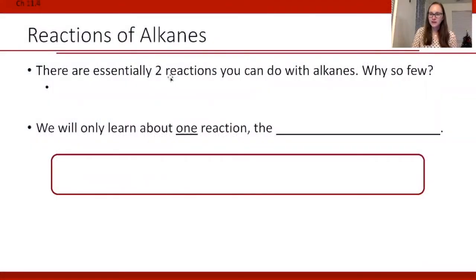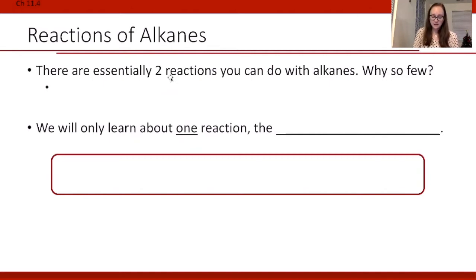Okay, so when we're talking about alkanes and their reactivity, there typically is not a lot that we end up talking about. Alkanes are not things that, as a researching organic chemist, we really deal with very often.